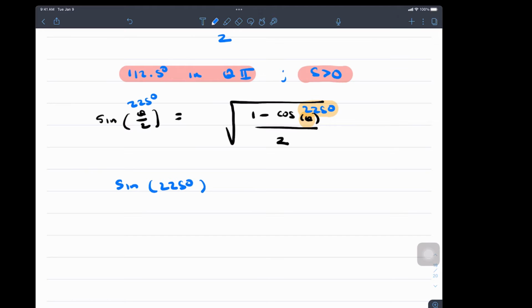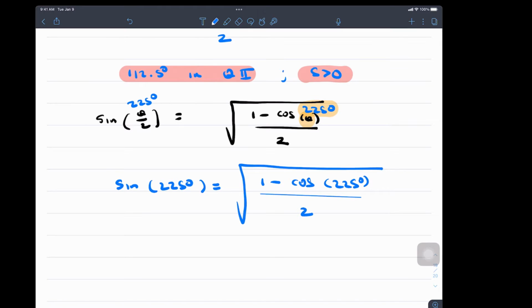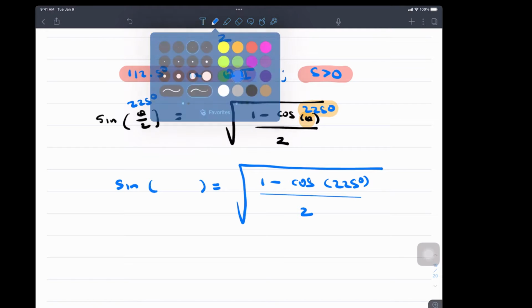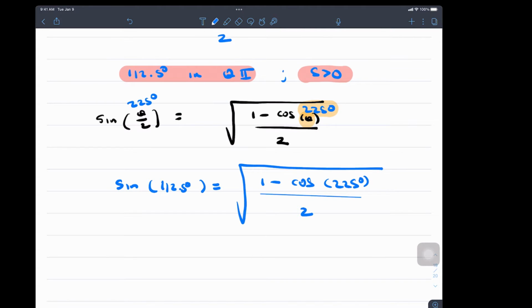Sine of 225 degrees over 2 is the square root of 1 minus cosine 225 degrees, everything over what? 2. I'm sorry. That's 112.5, right? So do you guys want to tell me again, why is it positive? Because the half angle is in quadrant 2. All students take calculus. Sine's positive, right? You guys okay with that?